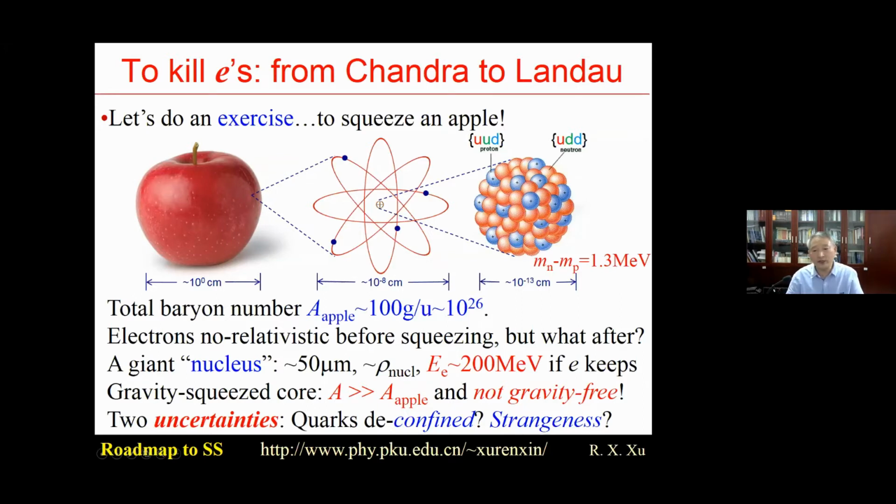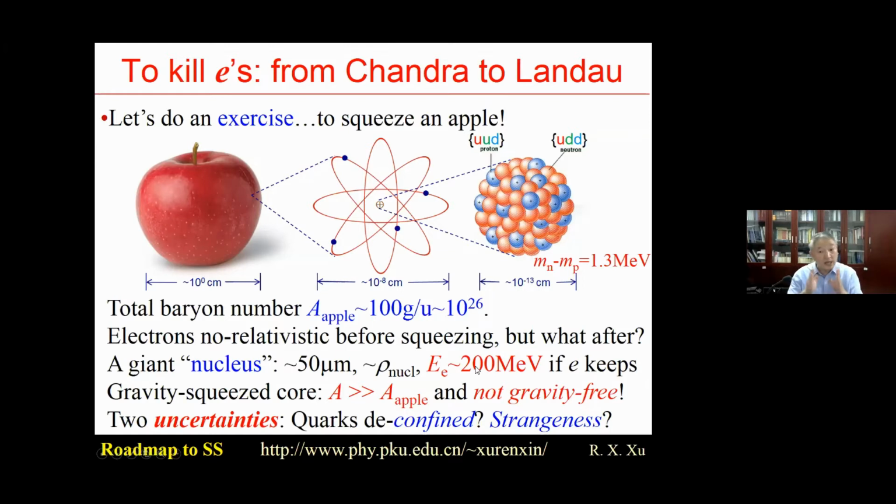And if electrons do not convert to others, I mean no weak interaction, electrons stay there. Because the volume becomes so small, rather than 1 meter for a normal apple, the electron density becomes higher, and you can calculate the kinetic energy of electrons could be around 200 MeV.